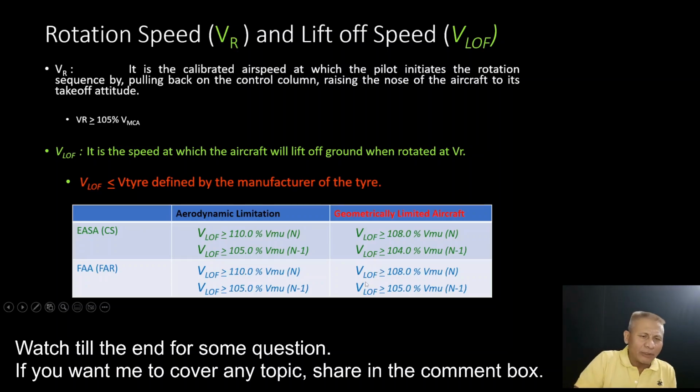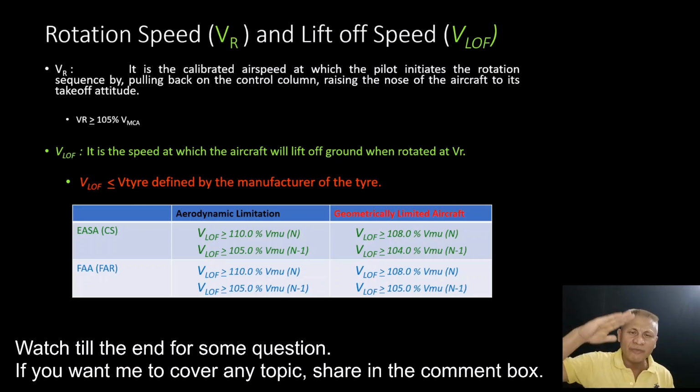So coming back to the VR, the VR has to be at least equal to or higher than 1.05 times the VMCA, which is set by the regulators. And when we talk about the VLOF, it is the speed at which the aircraft leaves the ground. This is the place where the tire of the aircraft is at its maximum.